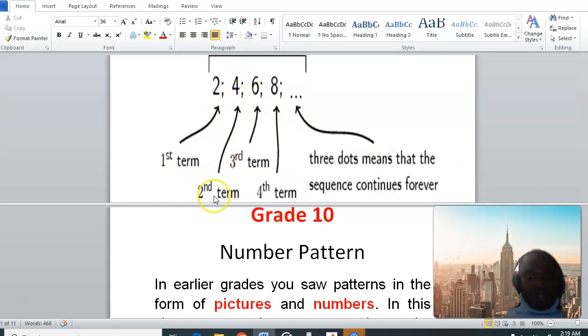The second number is the second term. The third number is the third term. The fourth number is the fourth term. The 3 dots mean that the sequence continues forever. So 2, 4, 6, 8. What do you think will be the next one? 10, and it continues like that.